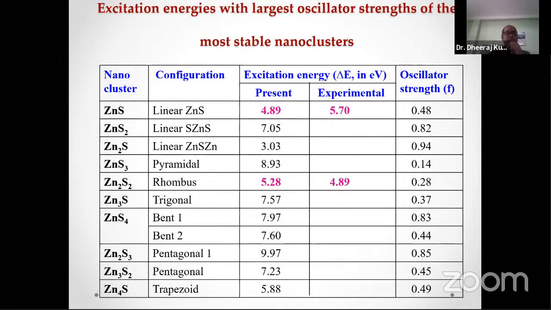This table confirms the study by computational techniques, because after a rigorous study of the properties of these materials, we find that for the most stable structures and their optical properties, in terms of excitation energy and oscillator strength, our most stable structure for 2 atoms, linear ZnS, and for 4 atoms, Zn2S2, rhombus structure, their excitation energy are very close to the experimental data which are presently available.